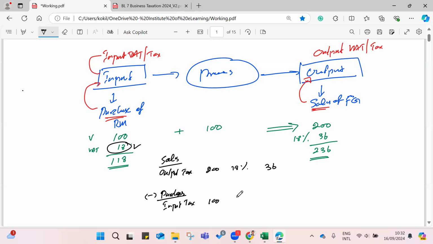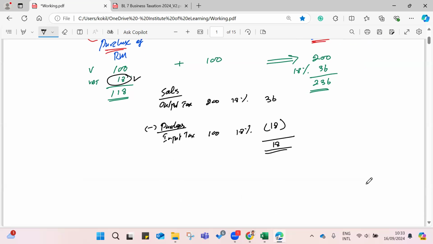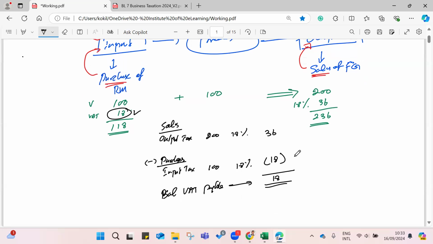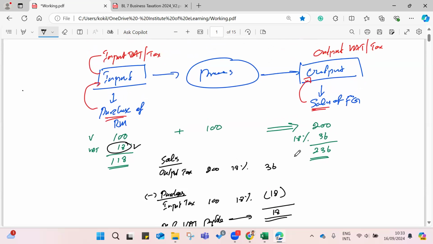So if you can declare, that's fine. You paid VAT 18 when you are purchasing. Effectively, you are paying VAT 18 million, let's say. This is the balance VAT payable, 18. Why? That is the name called value added tax.